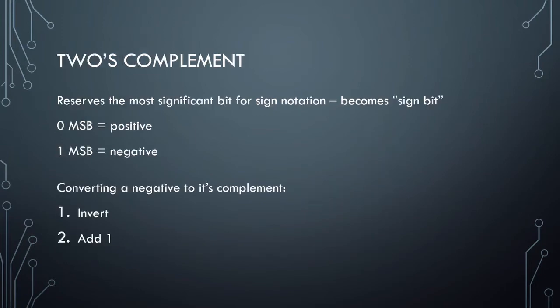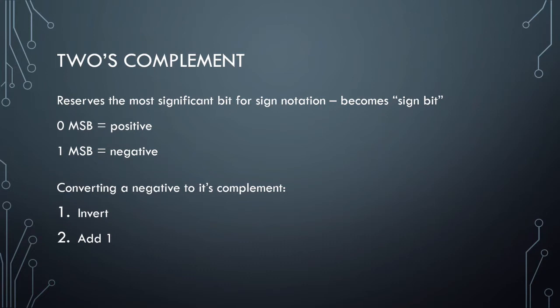That something different is what is called a 2's complement, and it's a little bit similar to our signed binary in that the most significant bit is still reserved for our sign notation. So a 0 most significant bit, that's what MSB stands for, tells you that it's a positive number, and a 1 as your most significant bit is indicating that it's a negative number. That is still valid.